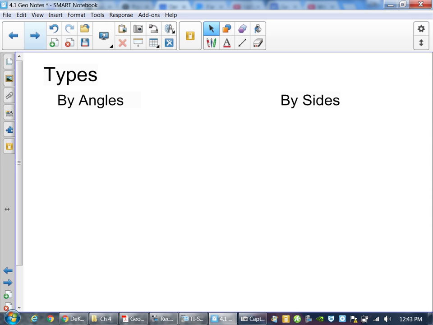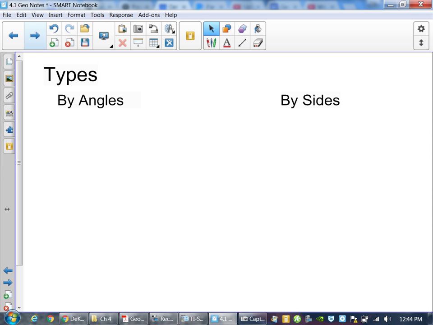So, an isosceles. Let me ask you this. When you're talking about an isosceles triangle, is that classifying it via the side lengths or the angles? Side lengths? What do you know about isosceles besides the name? What is an isosceles? Let's do that first. You can have an isosceles trapezoid too.